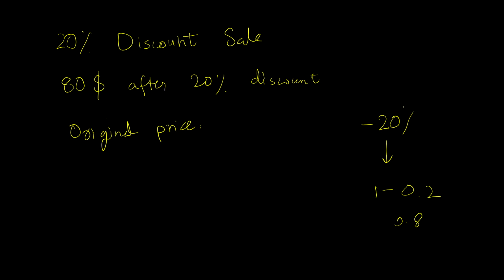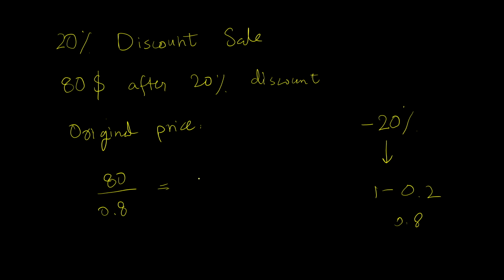And now you need to find the original price, right? Not the final. Original price means divide. So you take the value, $80, and divide it by the decimal, 0.8. It gives you 100. And how do we get 100 without a calculator? It's so simple.